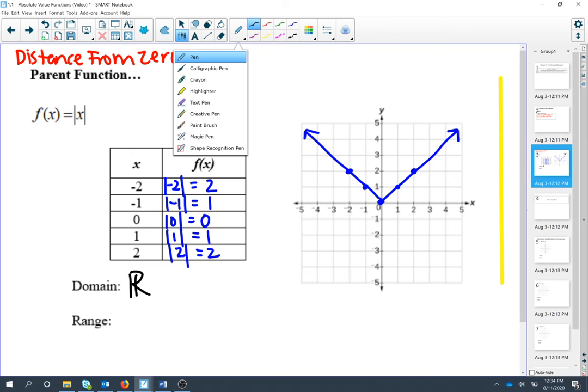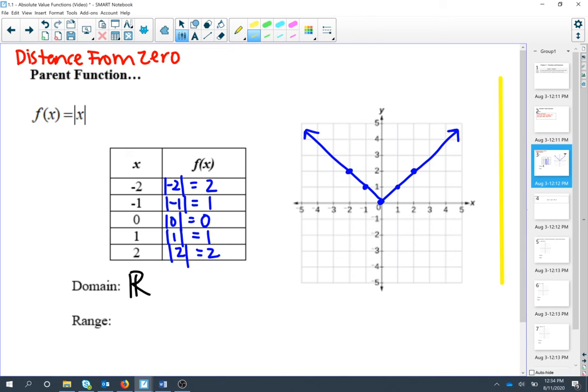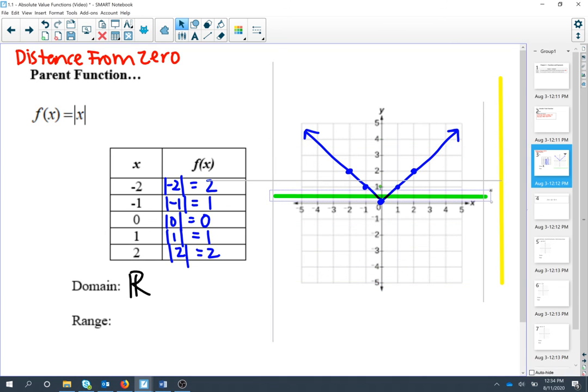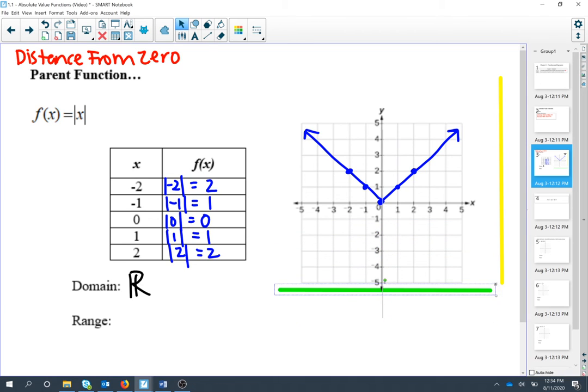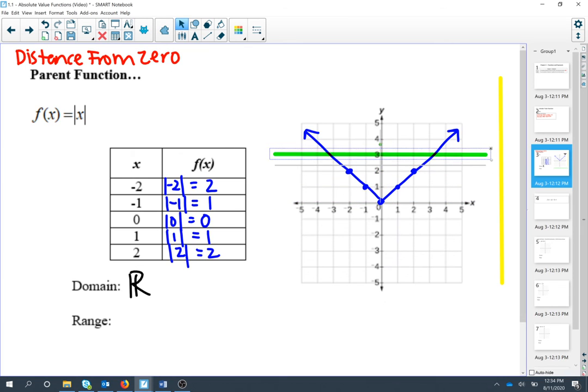Your range, again, I'm going to grab my highlighter, is all of your y values, so from low to high. We're highlighting, but he doesn't come down here. So his range, the lowest that the parent function goes, we're going to start at 0, and then highlighting the whole way up because it has an arrow.